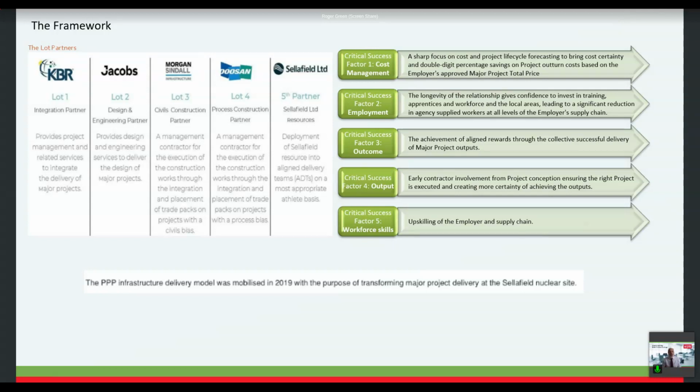One of the key parts to this is that the framework is driven by 5 critical success factors. You won't be surprised that cost management is one of them. They're looking for accuracy in delivery in the first place, but also to drive the outturn costs down against predictability.